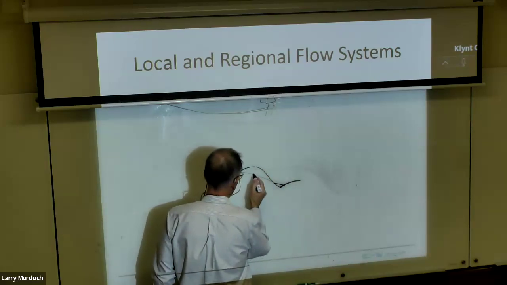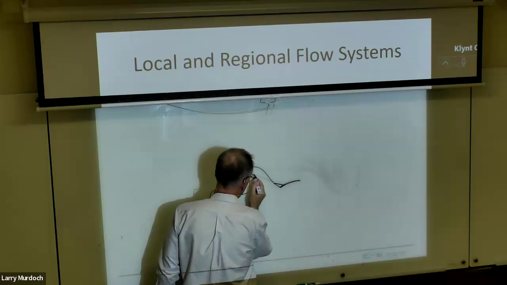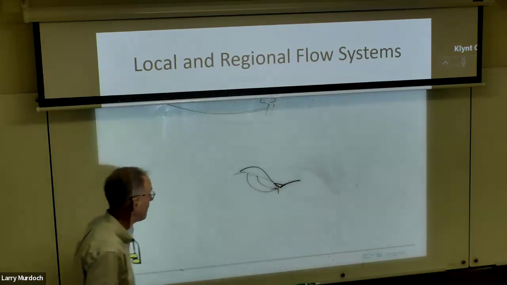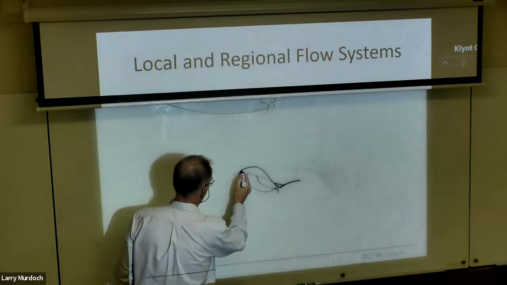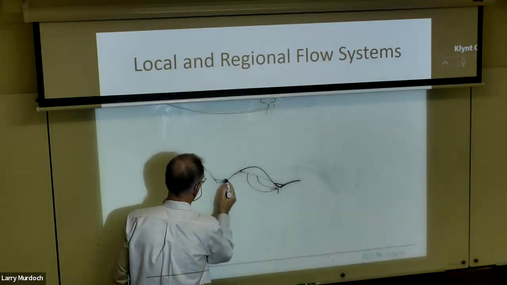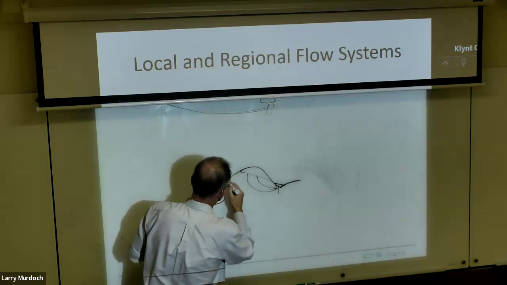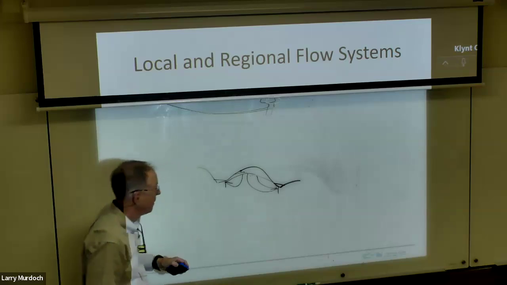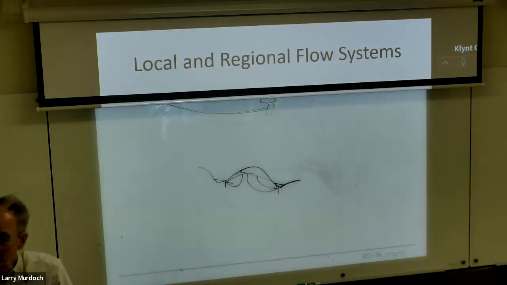So the water table looked like that, and flows looked like that. Okay, and then we had another drainage over here, and flows to that one. Okay, so this is the local flow system. Recharge ends up discharging to the local stream.